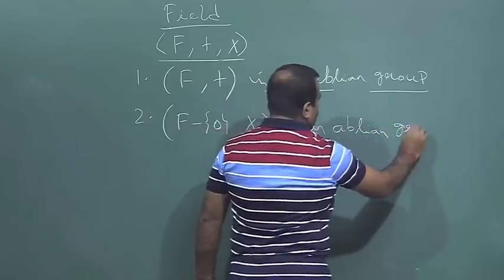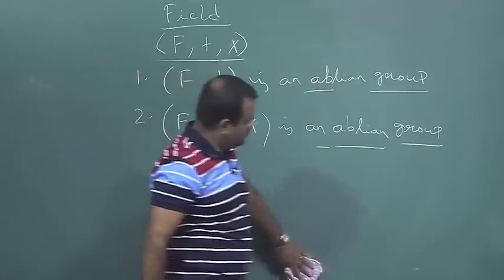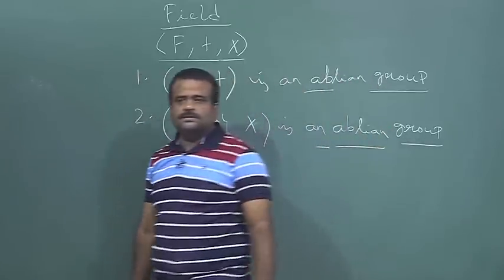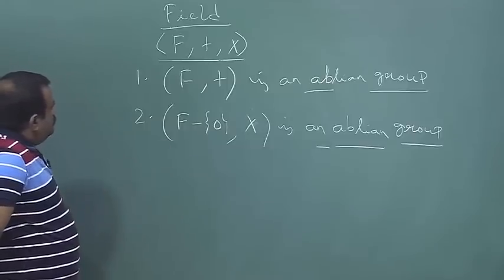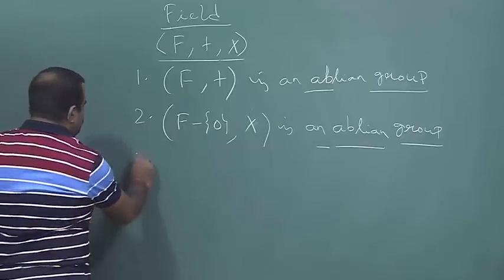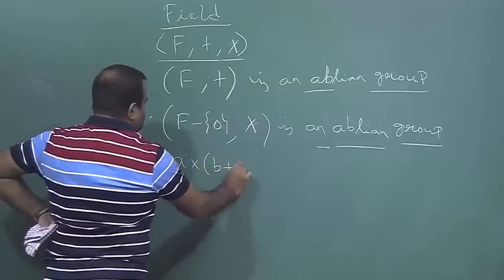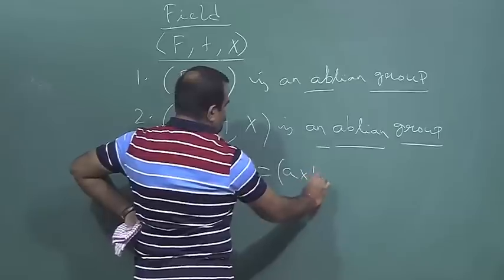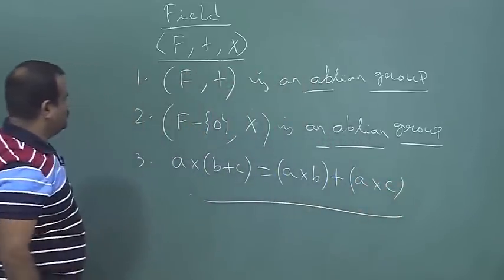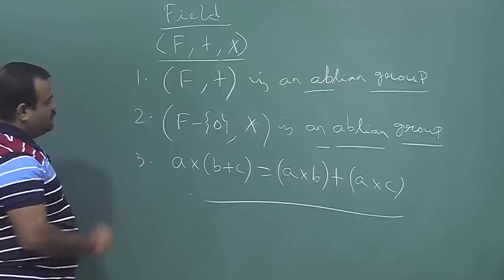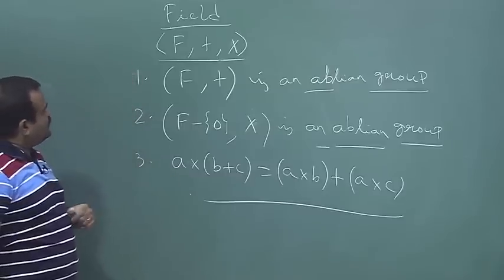Then we call this a field. And also the distributive property like A dot (B plus C) is equal to A dot B plus A dot C, because this is the property in the integral domain. If this is satisfied, then it is called a field.